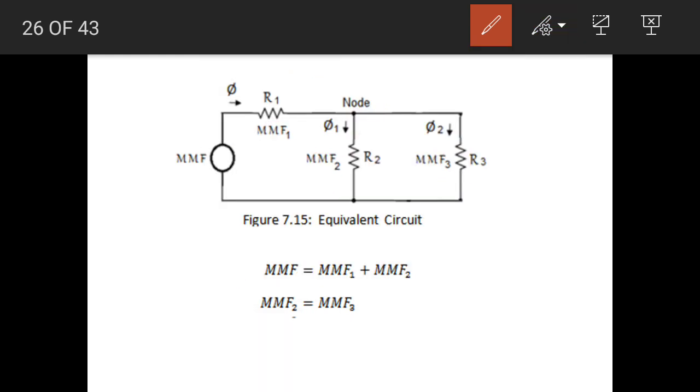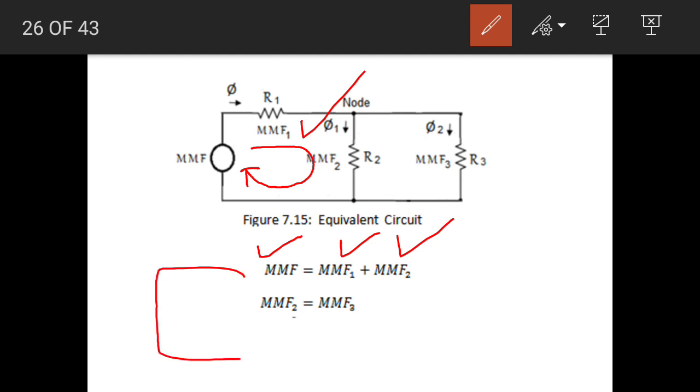So what we do, we consider loop number 1 and we apply a law to loop number 1, which is analogous to KVL. So according to this law, the total MMF in loop number 1 will be equal to MMF1 plus MMF2, and we know that MMF is analogous to voltage, and this equation is analogous to this particular equation.